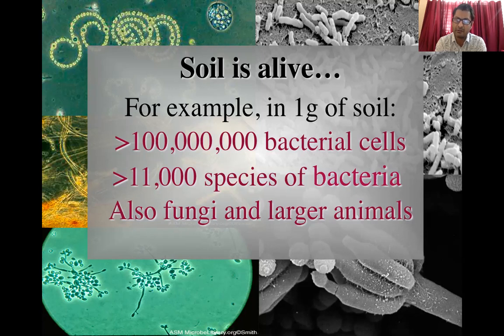And what we found out in that lecture is that with the help of next generation sequencing, we can estimate probably almost 200, 300 or 400, 500 different species present in the soil. So we can come very close to the real number present in the soil or any environment. Okay, as well as there are fungi and larger animals which are also present in the soil.